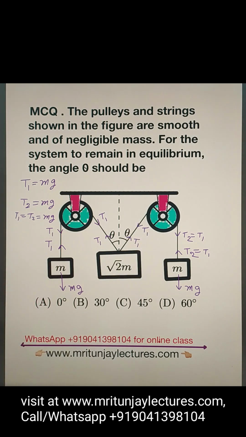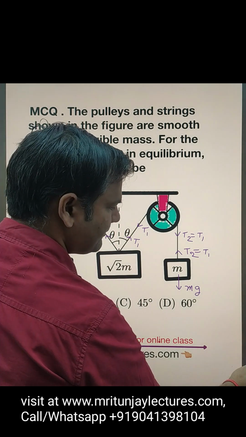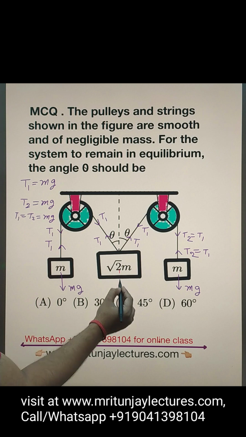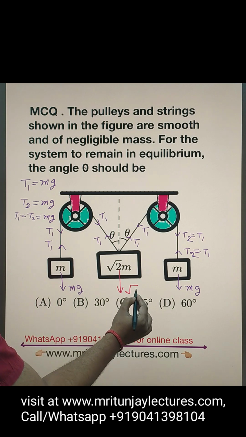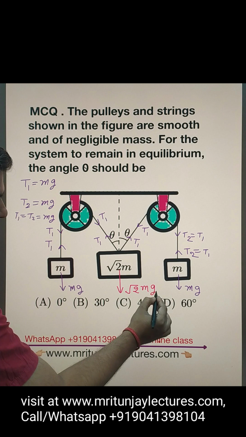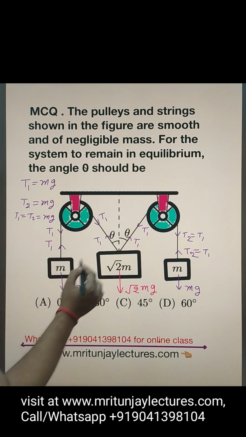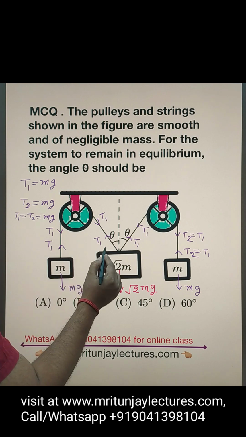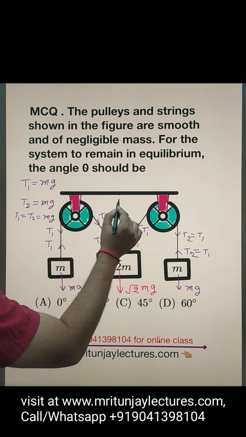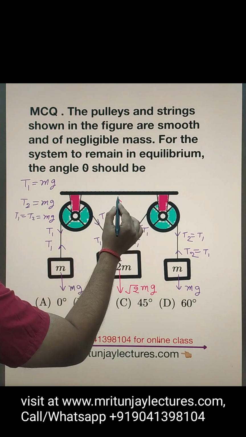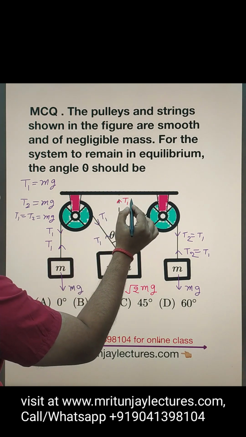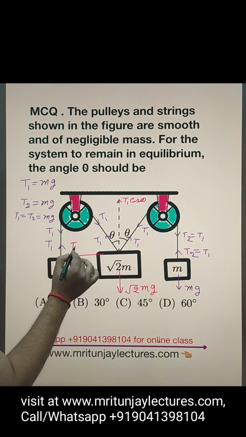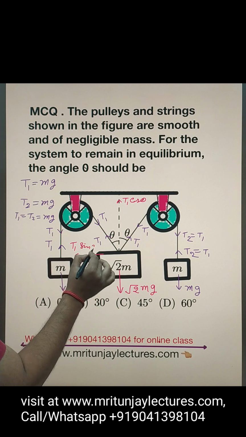Now after that, if you see very carefully, next point: if you make a free body diagram of that block, root 2 m into g downward, here T1, here T2, here T1, here T1. Now make the component of T1 in the y direction, that is T1 cos theta, and in this direction T1 sin theta.